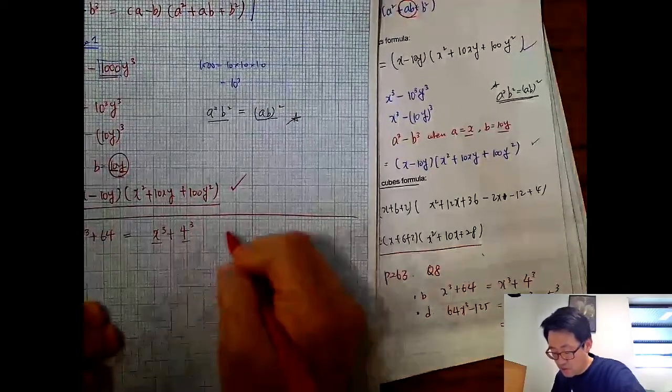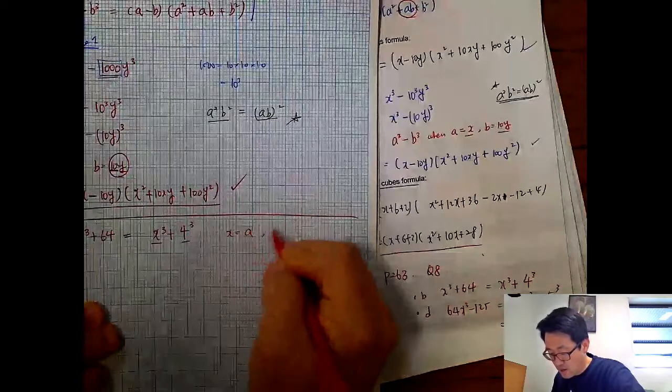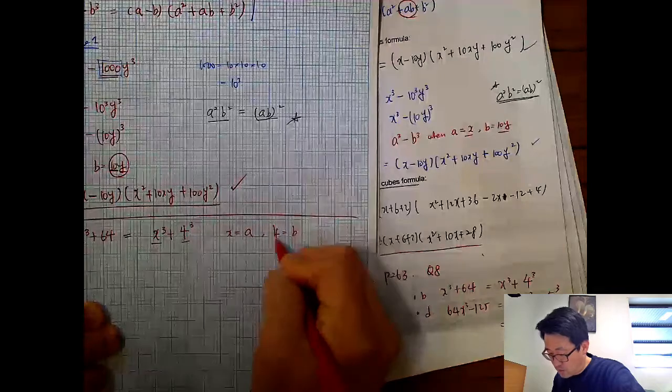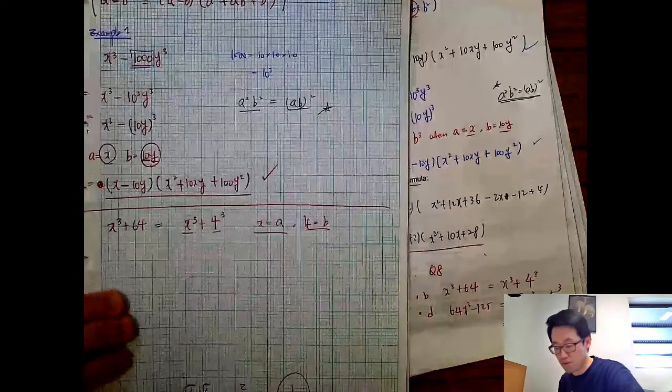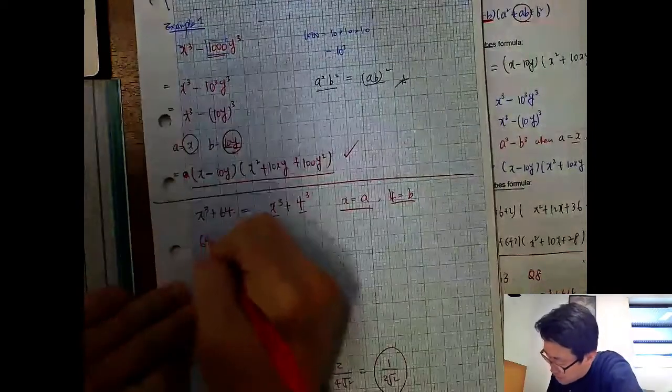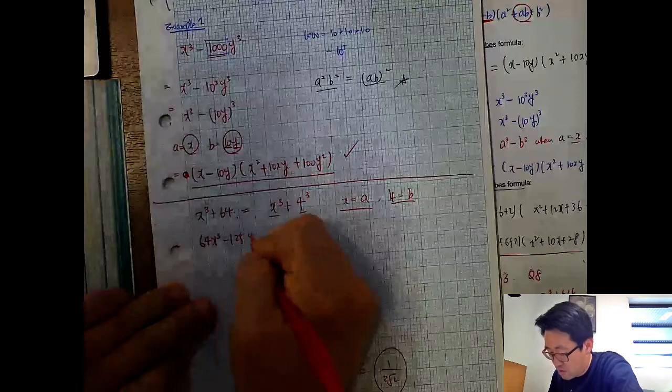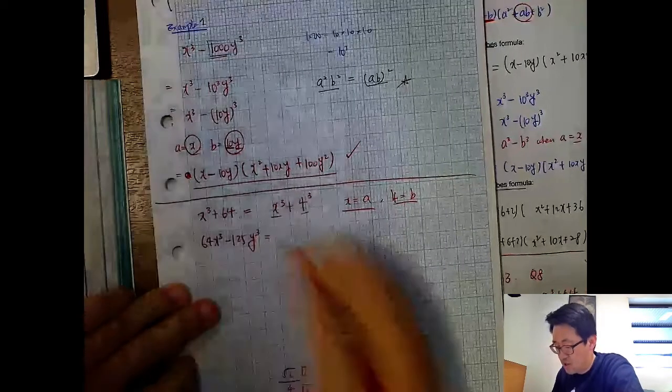And then continue, where x is a and 4 is b. So you can continue from there. I'll also write down 64x cubed minus 125 y cubed. I'll change the question a bit.